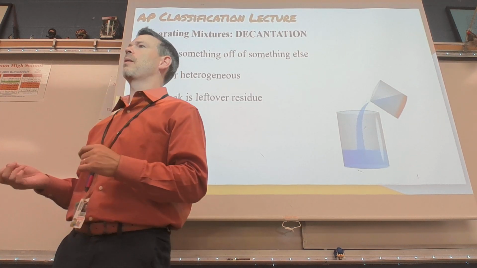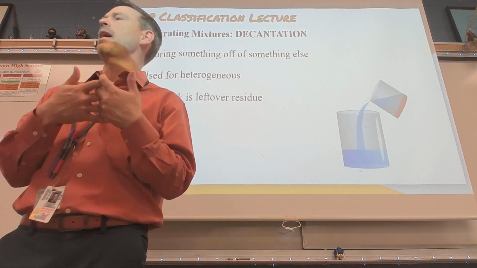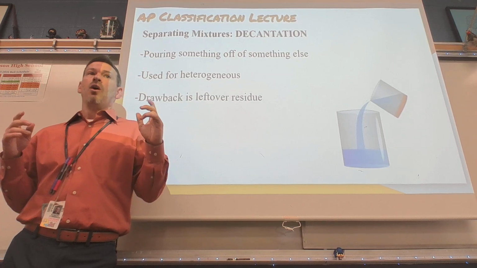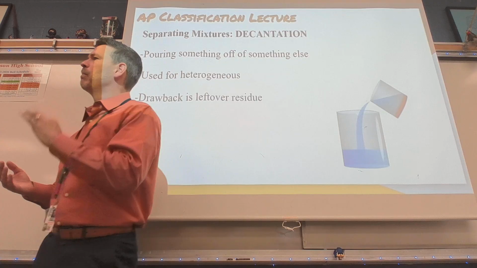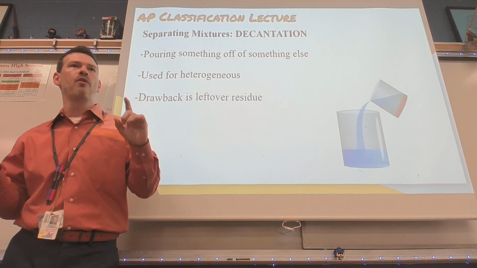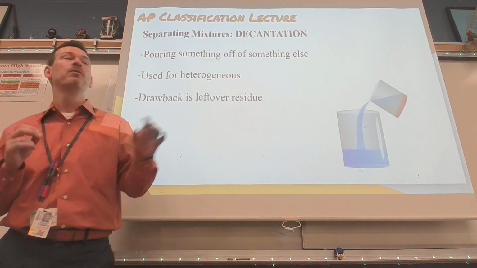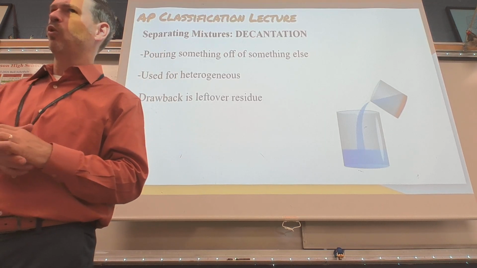This question usually comes in the form of an MCQ on the AP exam where they'll give you a situation and ask you which of the following ways would be the best way to separate this mixture. Your understanding of what they are is important, but I think it's most important for you to understand whether they can apply to heterogeneous or homogeneous situations. So I would take note of that while I summarize these real quick.